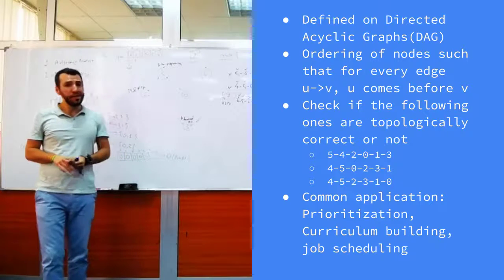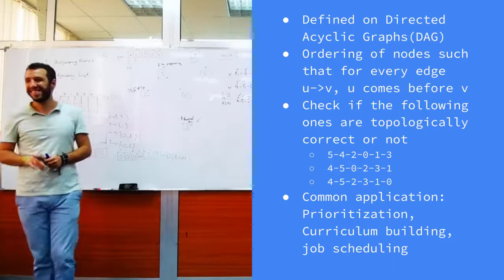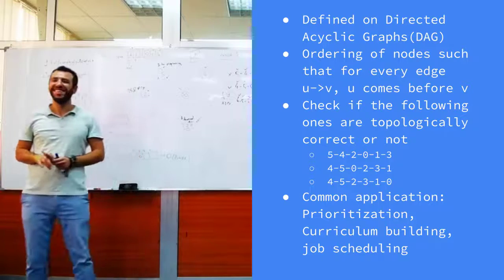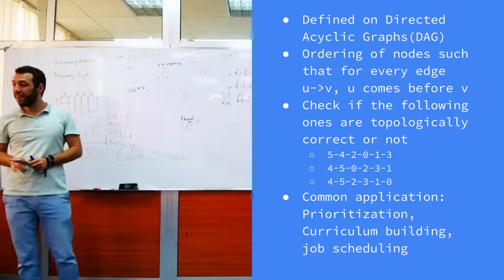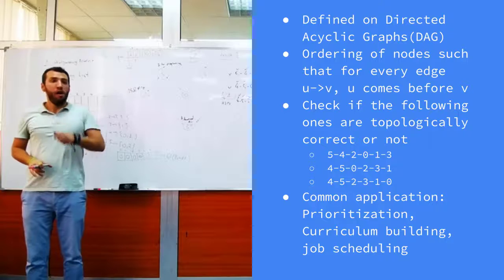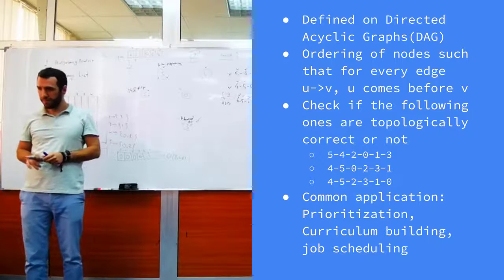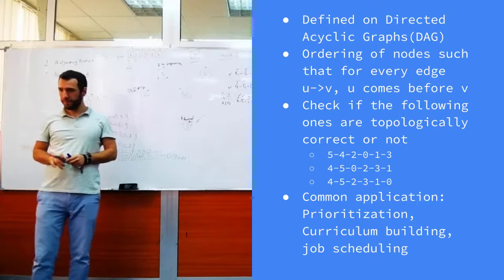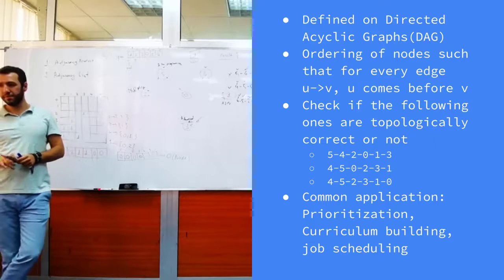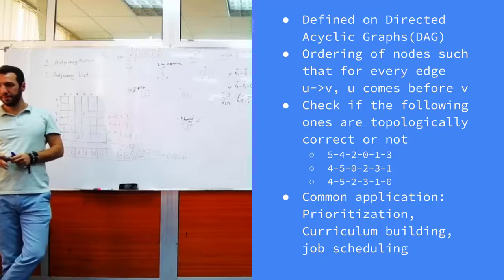And now, what's the next question? What is our time and space complexity? I think it's O(N). Why? We're checking each node, and we're also checking for its edges.